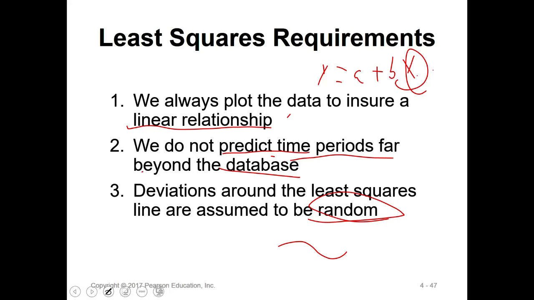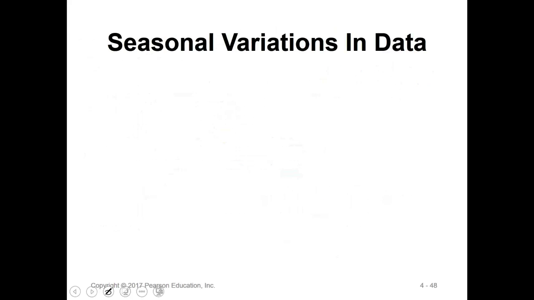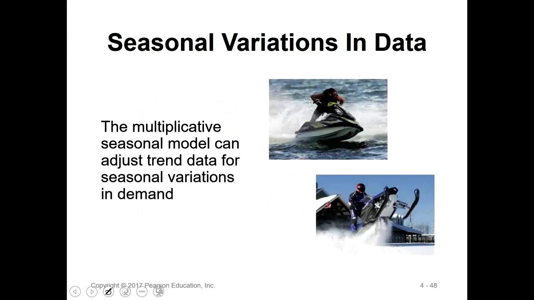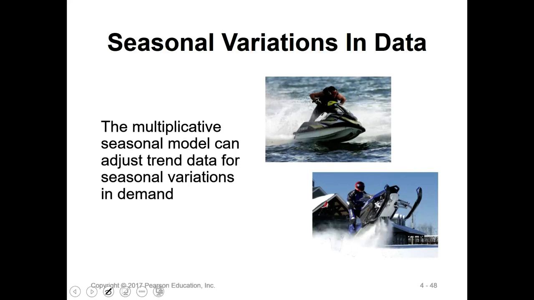Just give the three summarizations about least square methods. And the next example, which is the second practice in class number 7, we are going to talk about seasonal variations. Seasonal variations can adjust the trend data for seasonal variations in demand.